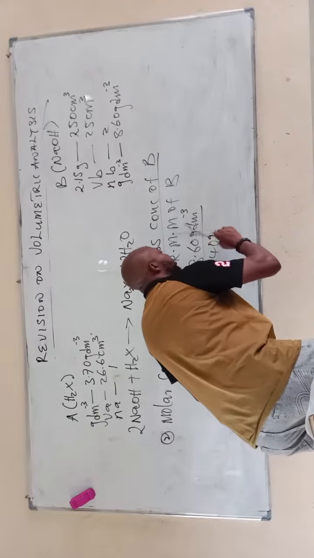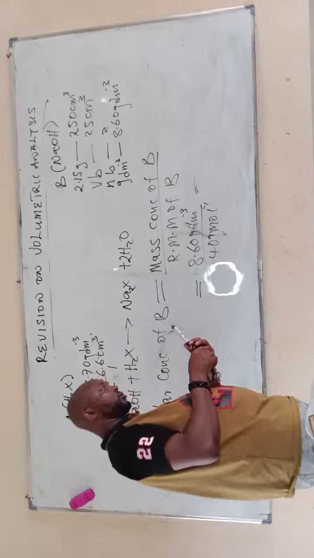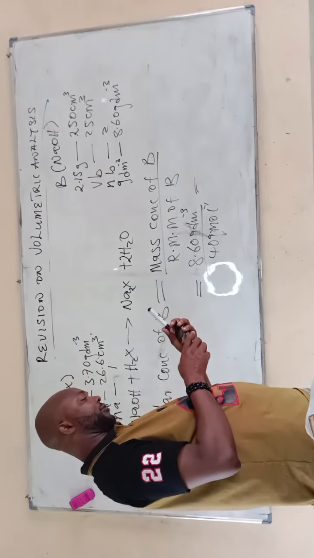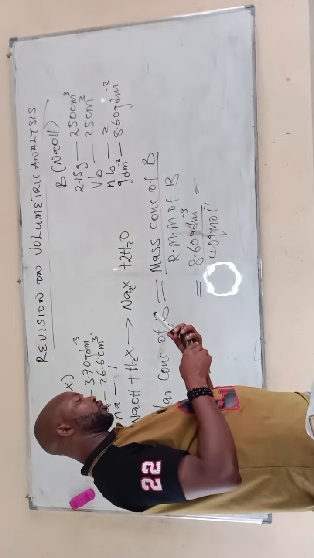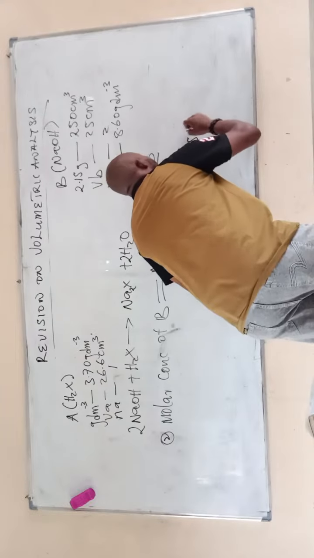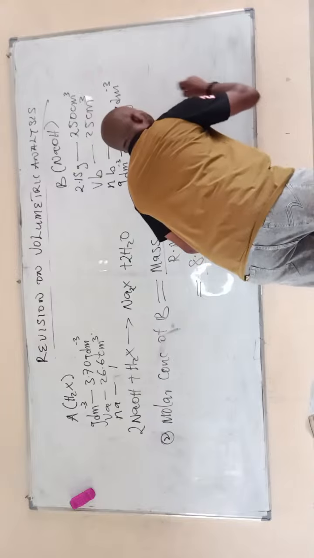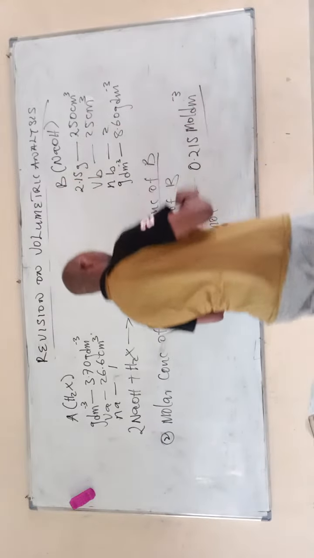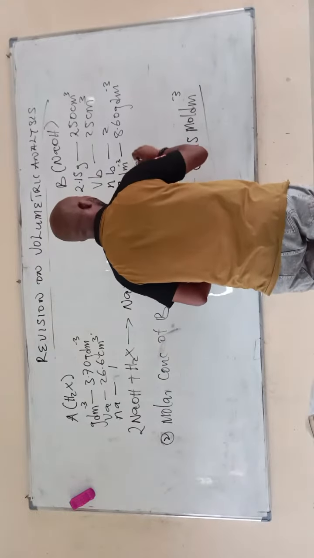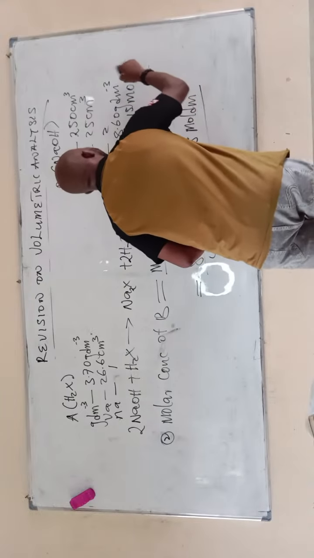I've calculated that before, g/mole. And this equals 8.6 divided by 40, which is 0.215. So I have 0.215 mole per dm3. So I'm going to write it down. My CB now, sorry, is 0.215 mole per dm3.